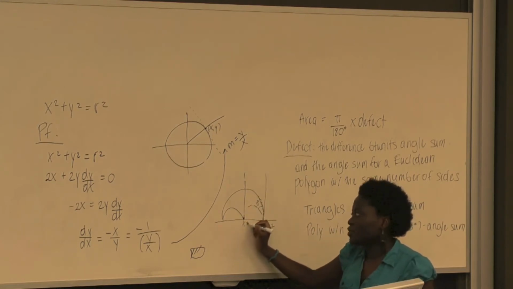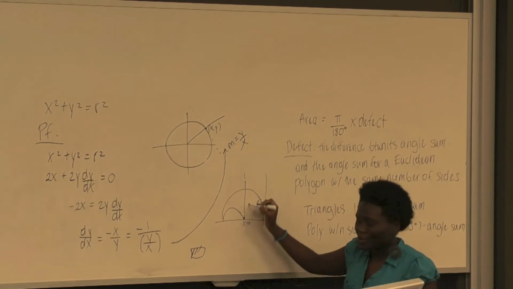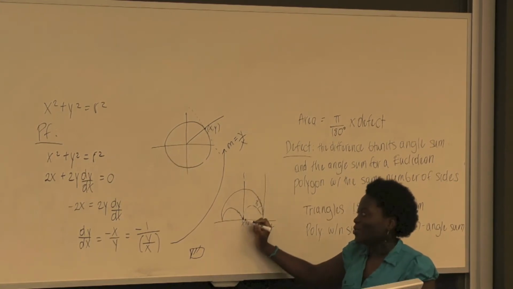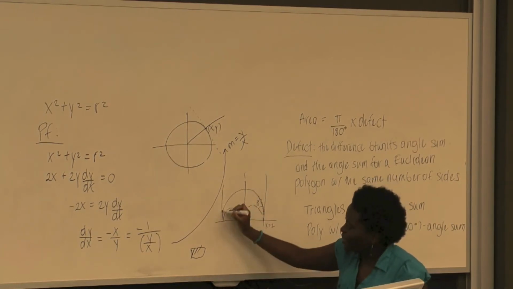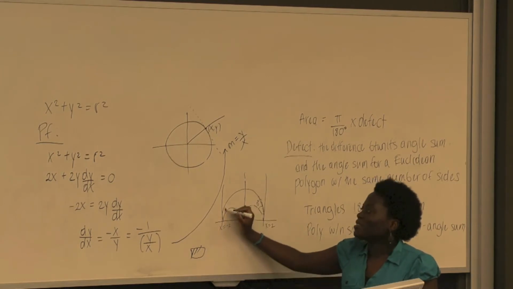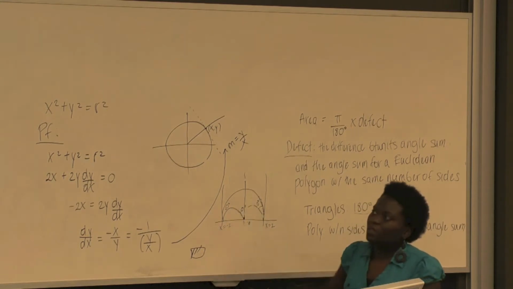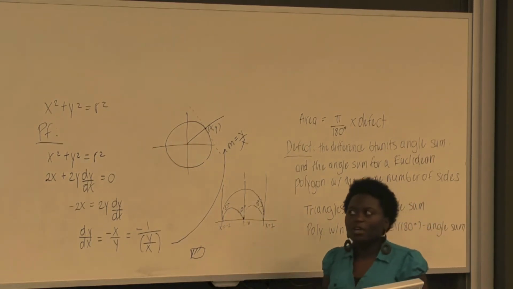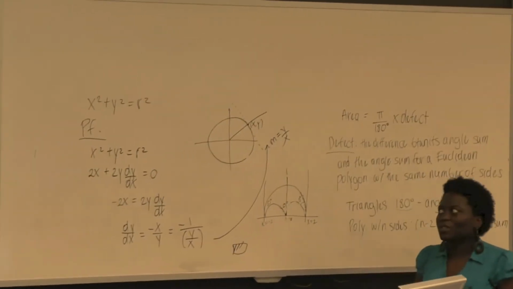So the line x is equal to 0, and the tangent line to this one is also x is equal to 0, right? So you get another 0 degrees, and then same thing here, at x is equal to -2, that will be the tangent line, and you get 0 degrees. So really, this triangle has angle sum 0 degrees. So in hyperbolic geometry, you can really get a triangle whose angles sum to 0 degrees, right?